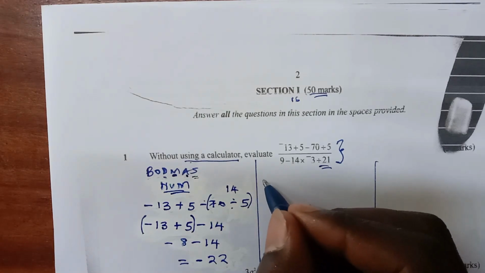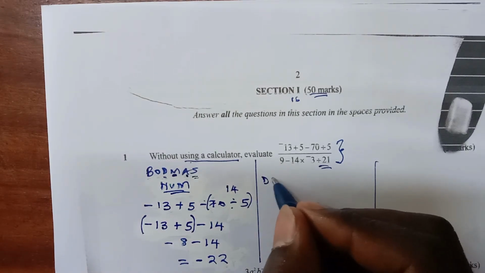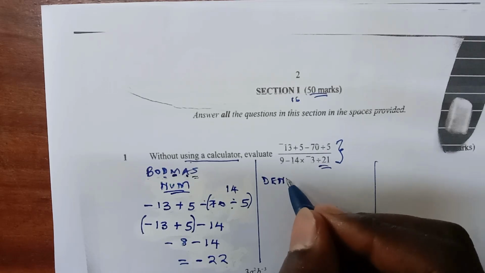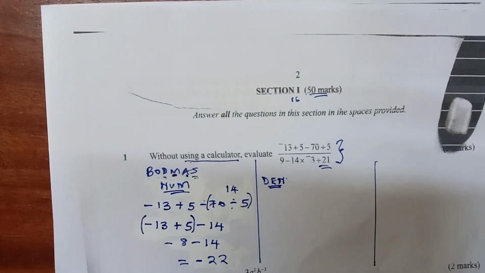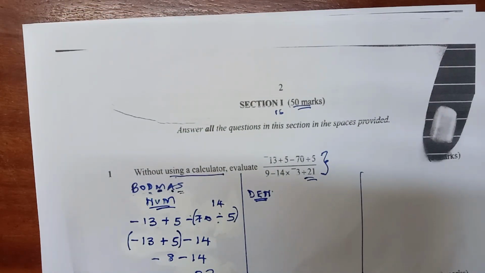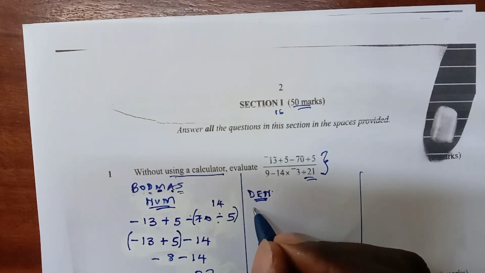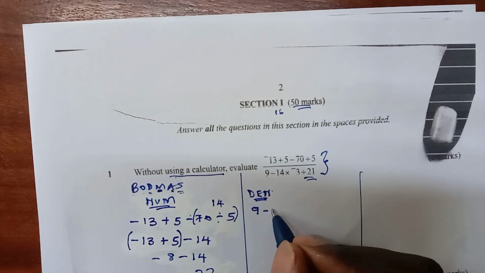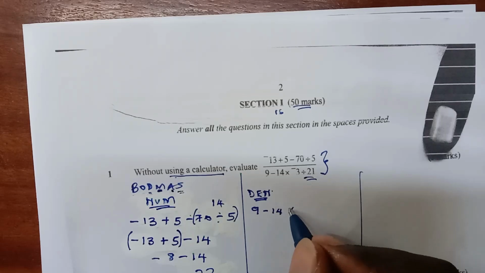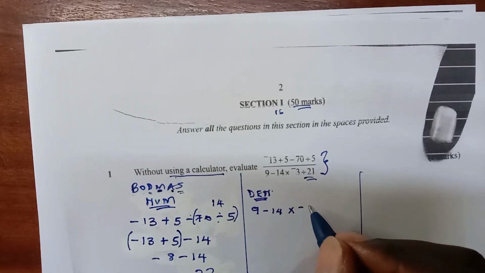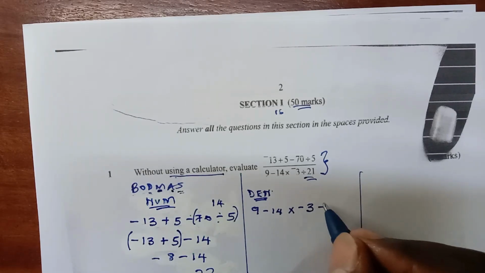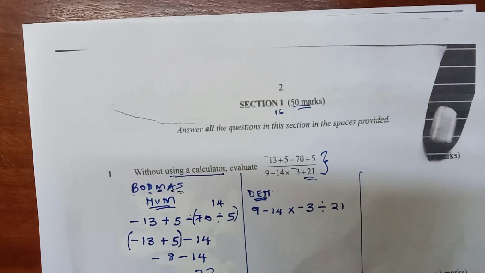Then we go ahead and evaluate the denominator. The denominator is 9 minus 14 multiplied by negative 3, then divided by 21.